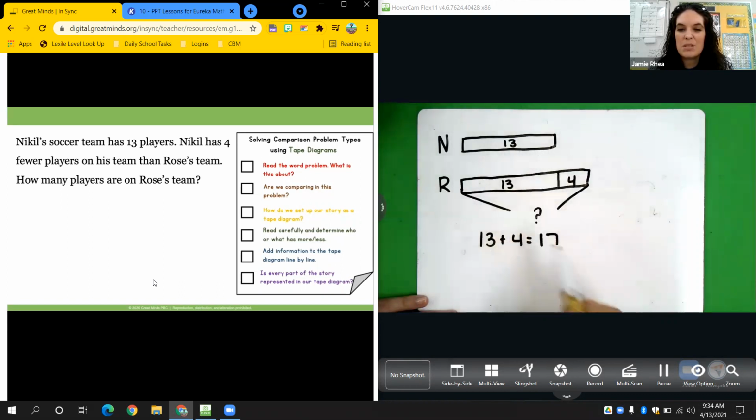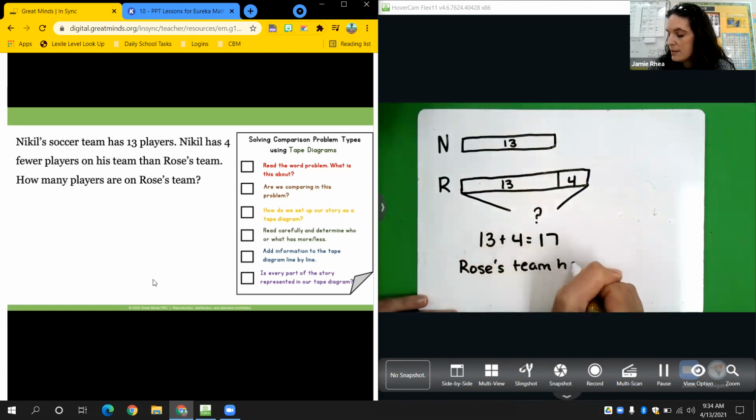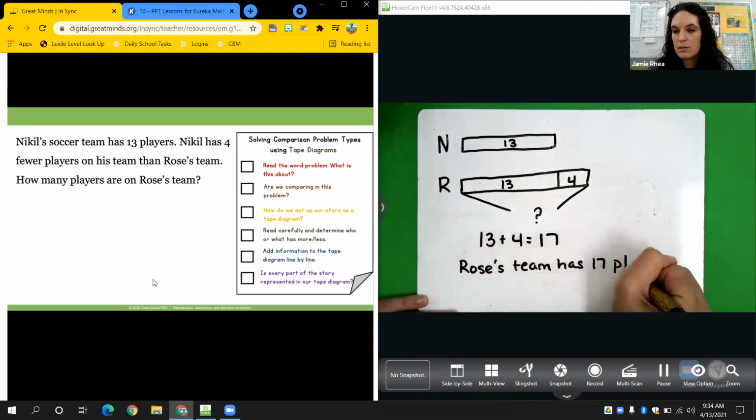Here is our number sentence. So Rose's team has 17 players. Whoops. All right, let's see if we're right.